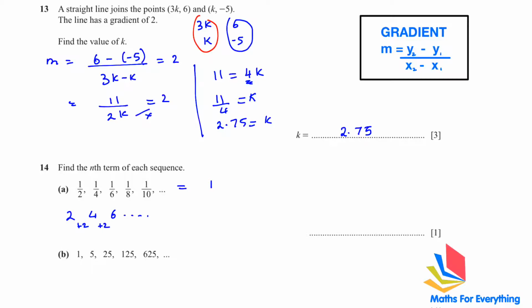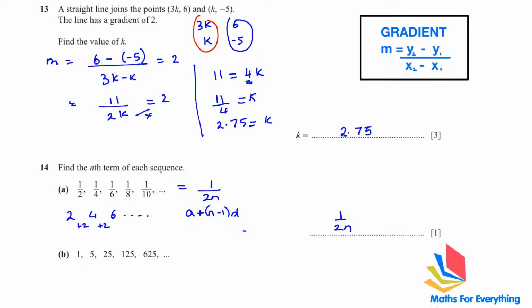So it's an arithmetic sequence and we use the formula a plus (n minus 1)d. Our a is 2. The difference we found is 2. We expand the bracket. 2 plus 2n minus 2. 2 minus 2 is 0. We are left with 2n. So the nth term is 1 over 2n.